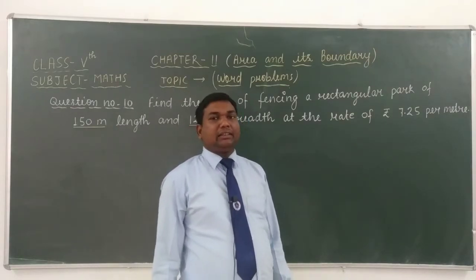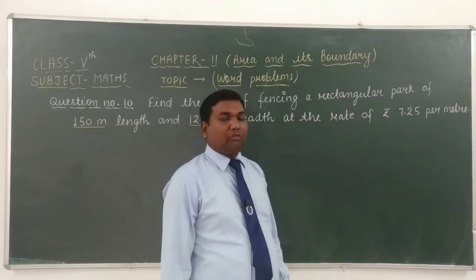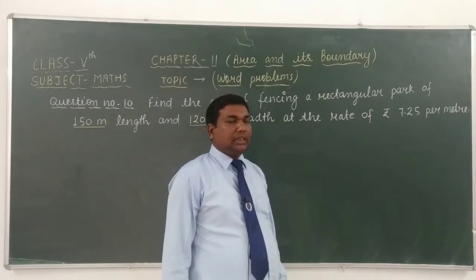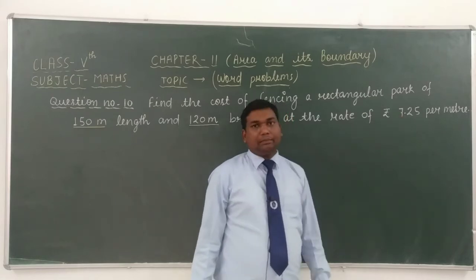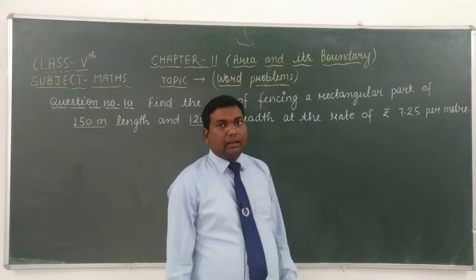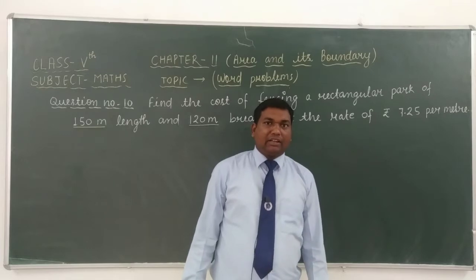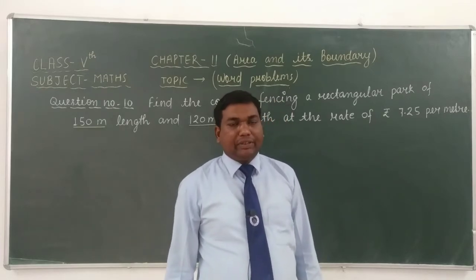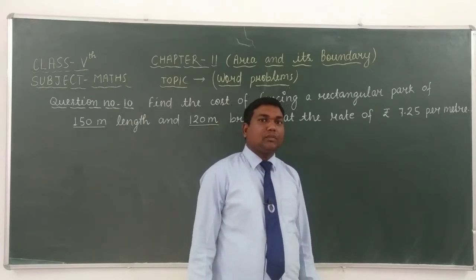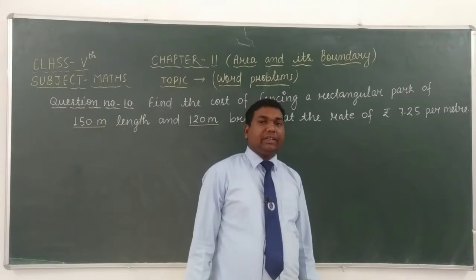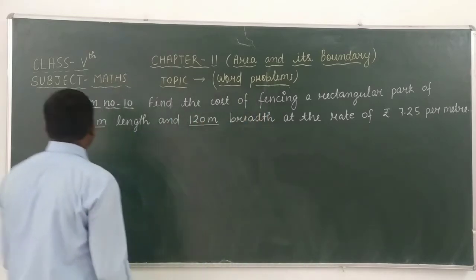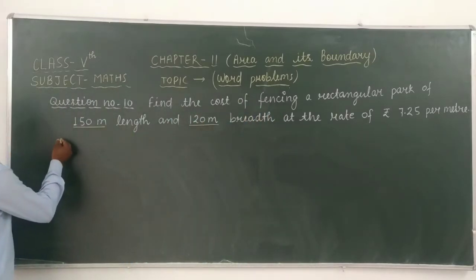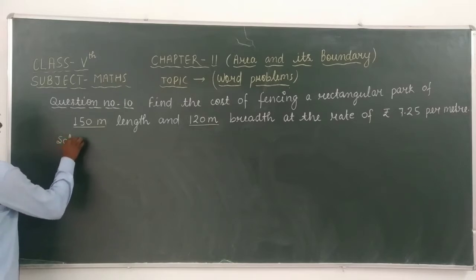Firstly, we find the perimeter of the rectangular park. Then we multiply the perimeter by 7.25, and we get the cost of fencing of the rectangular park. Understand? Now let's start the solution of question number 10.